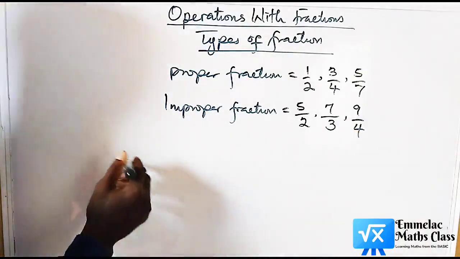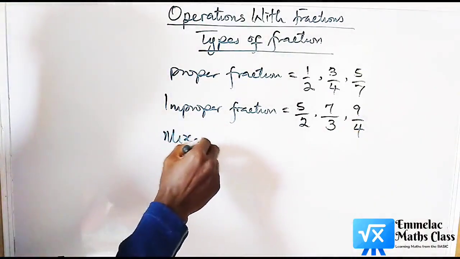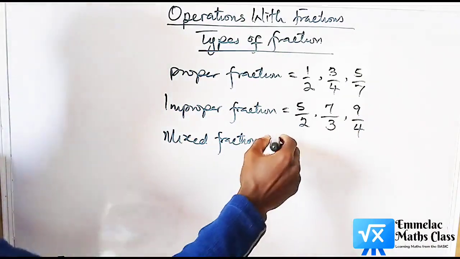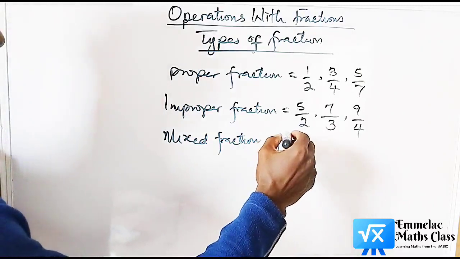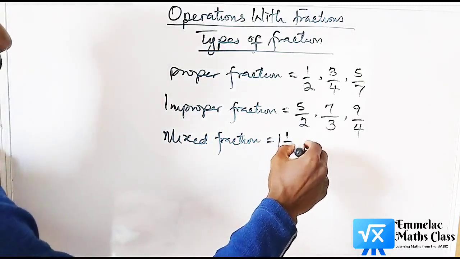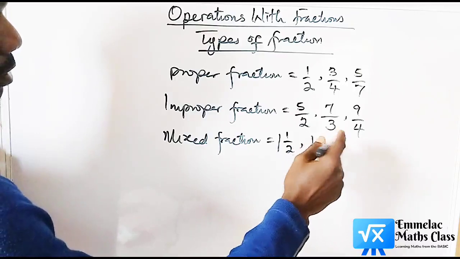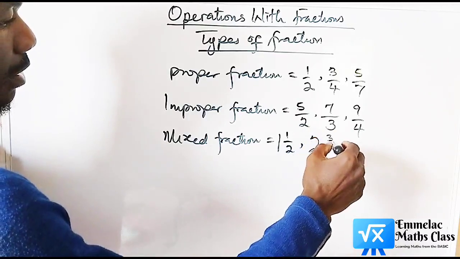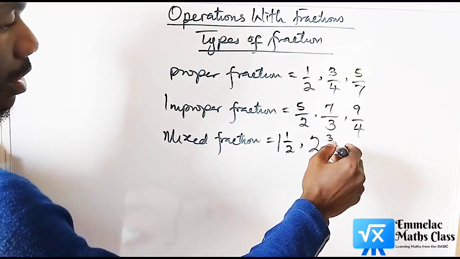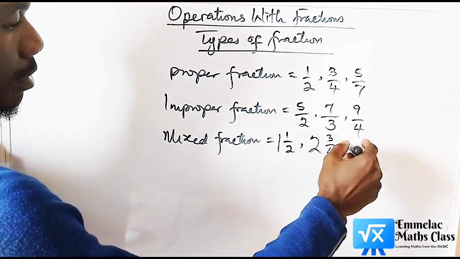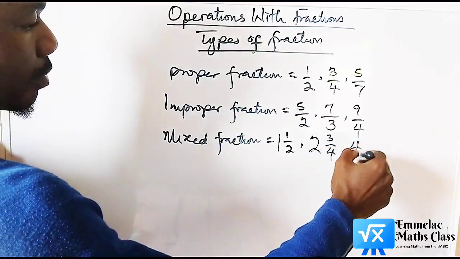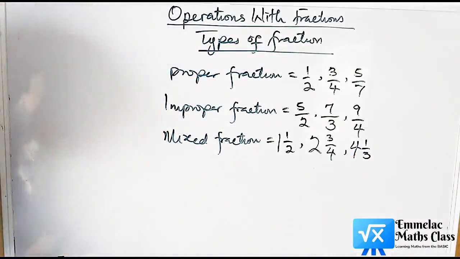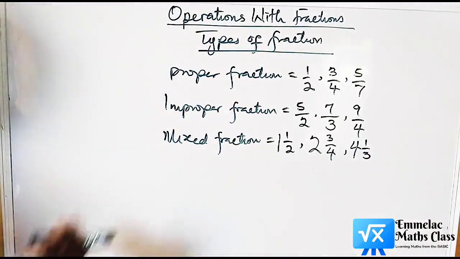And we also have what we call the mixed fraction. Let me use 2 this time around: 2 and 3 over 4, and maybe 4 and 1 over 3. Now these are the various types of fraction.